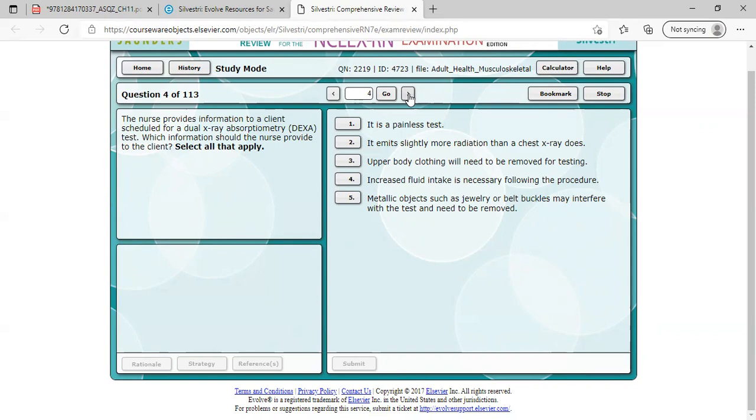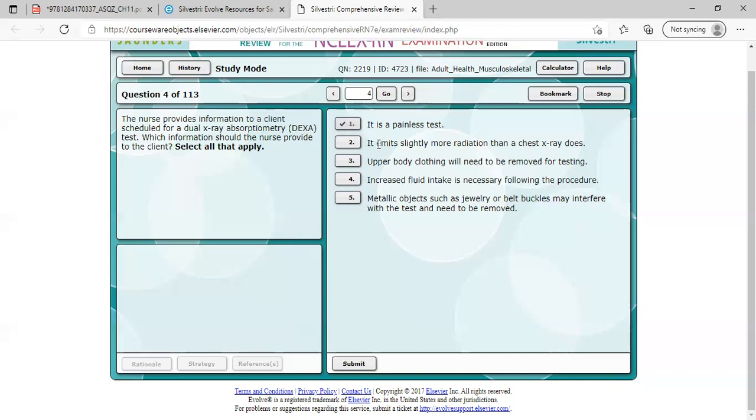So about this test, what is the important information we choose from here? It is a painless test. So DEXA is a painless test. It is true.